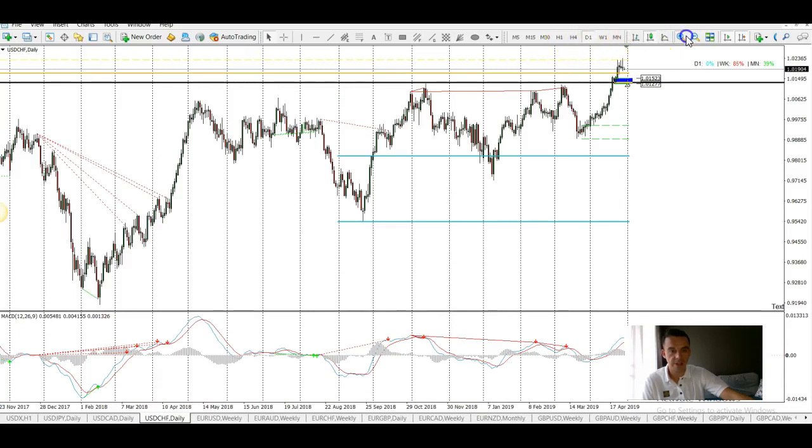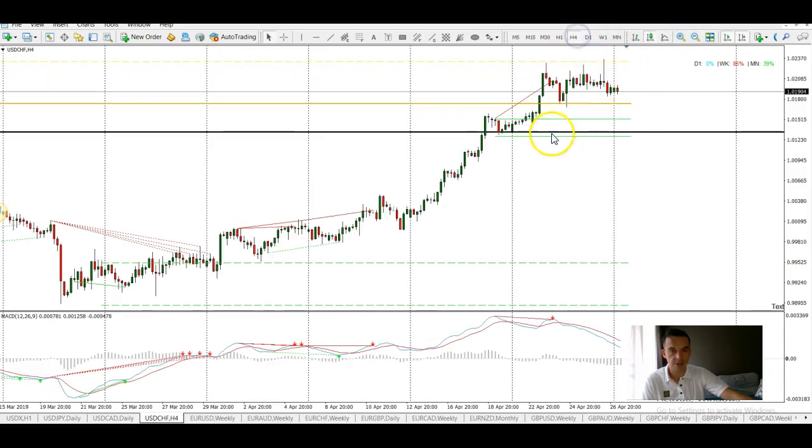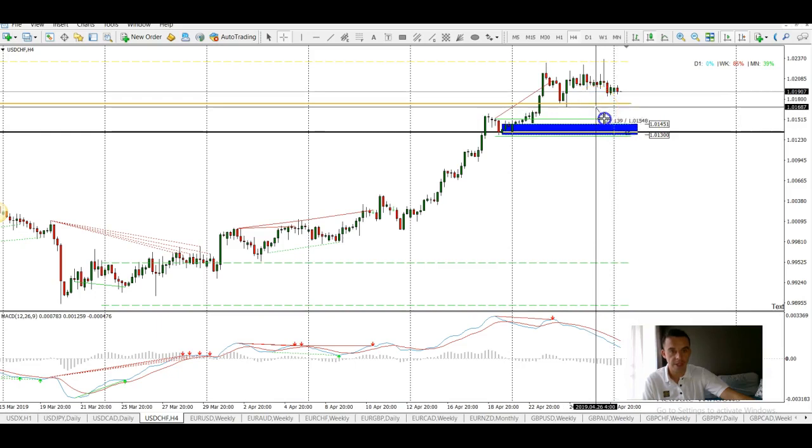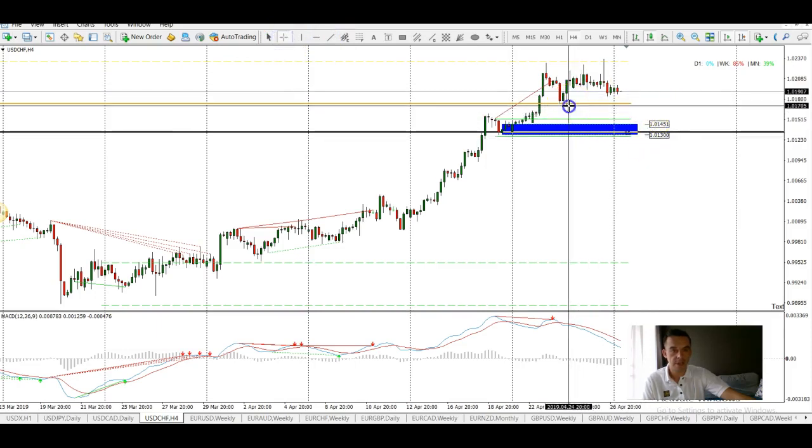But if day trading, you want to be getting in day trading zones, and you can see for day trading we want a 4 hour inside a daily. We have it there. So this would be a good buy-in area. And the target is the last low is going to be broken out. So it's a 30-40 pip trade. But at the minute, coming into the Euro session, it's not happening. So just wait for price to come down into that.